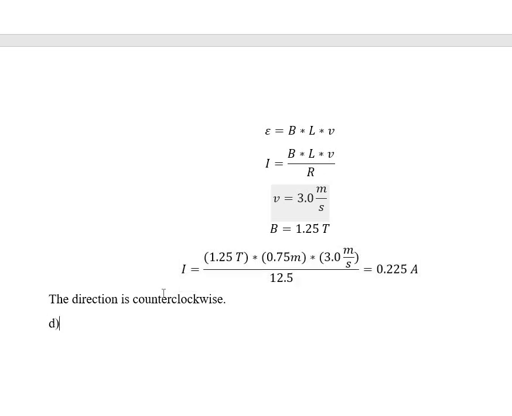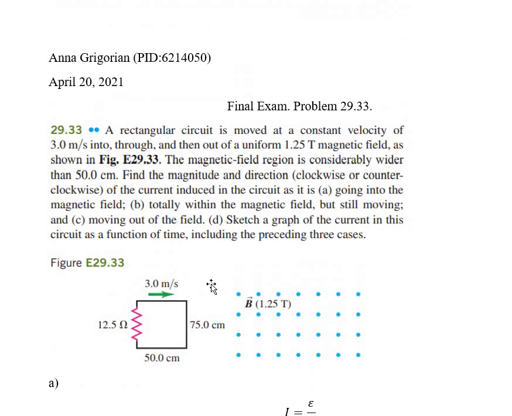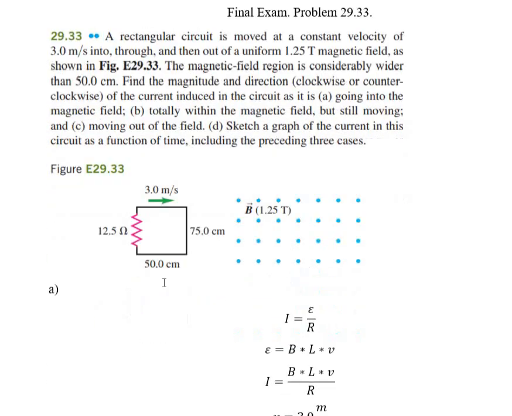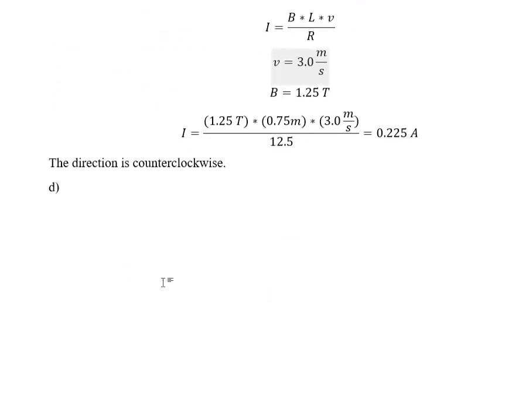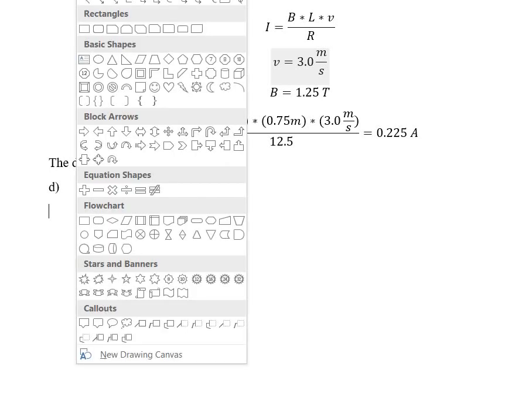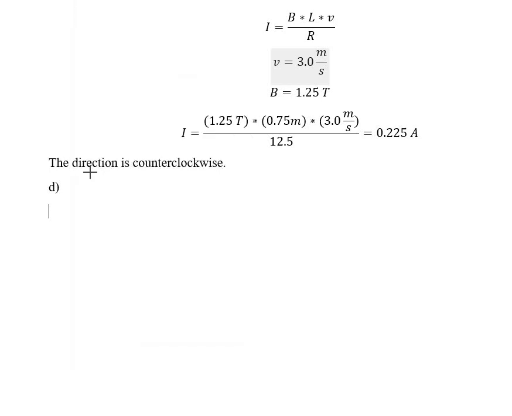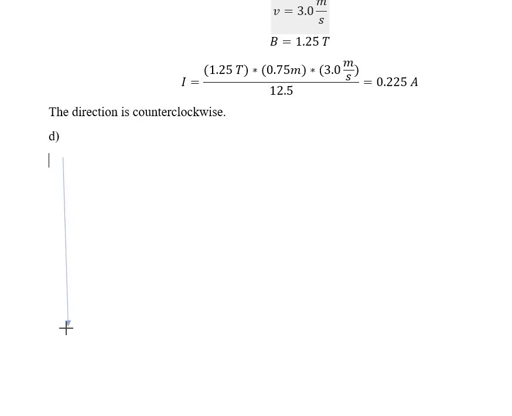Okay, for the last part, we have to sketch a graph of the current in this circuit as a function of time and include the preceding three cases. To sketch it, we basically have to, first of all, sketch the axes. And it's going to be like this.